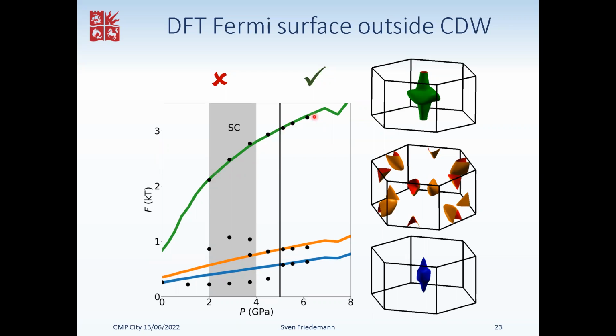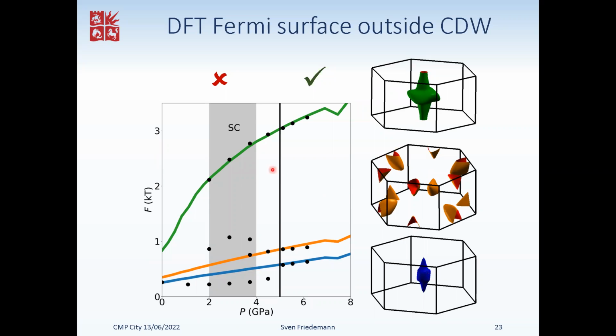So you can see outside the charge density wave, we've got a perfect agreement here for this largest frequency, as well as for these two smaller frequencies. This large frequency is the belly of this Fermi surface. This medium frequency is the belly of these pockets around the L point, and this lowest frequency is the belly of this inner gamma pocket.